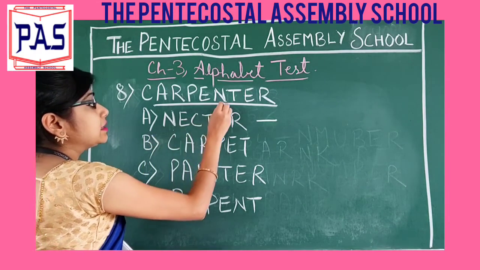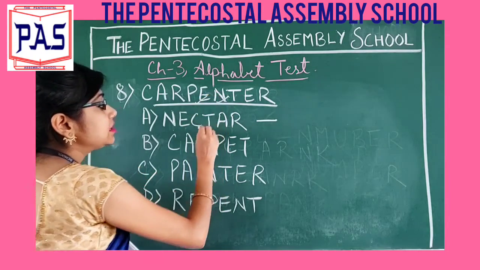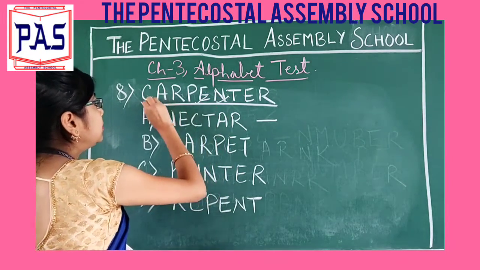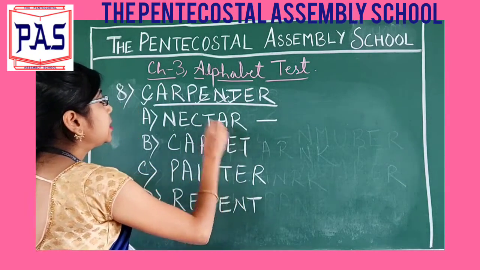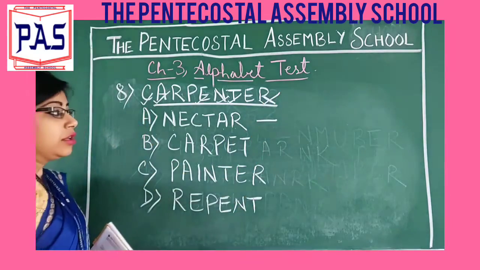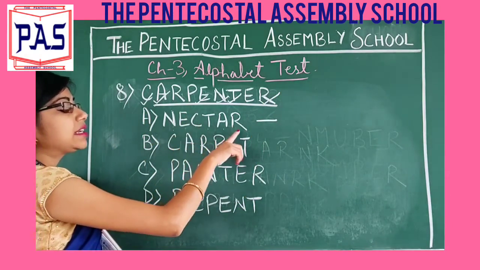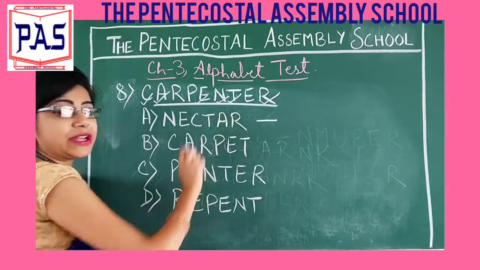Nectar. N is there? Yes. E is there? Yes. C is there? Yes. And T is there. Yes. A. Yes. And R. Yes. So you can see that nectar can be made from the word carpenter.